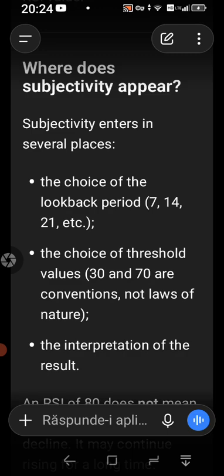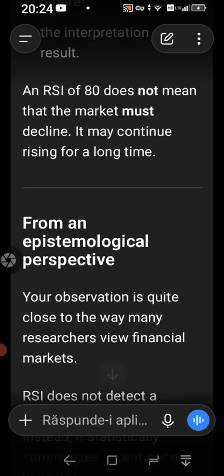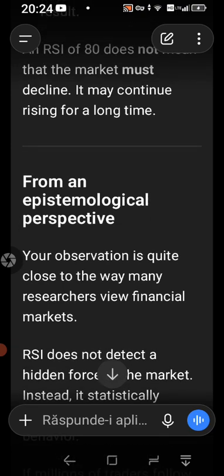The choice of the look-back period, 7, 14, 21, etc. The choice of the threshold values, 30 and 70, are conventions, not laws of nature. The interpretation of the result. An RSI of 80 does not mean that the market must decline. It may continue rising for a long time, like it many times happens.